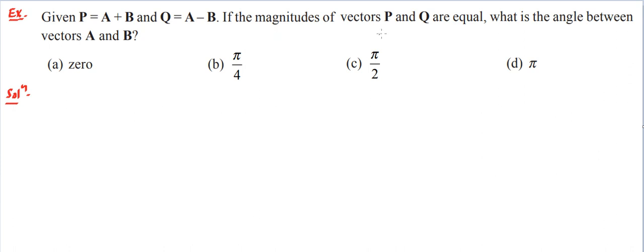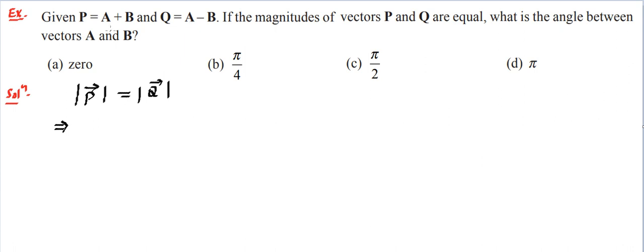So it says the magnitude of p is equal to the magnitude of q. That means it is basically saying p vector mod value is the same as q vector mod value. Now p vector is indicating the addition of two vectors, whereas q vector is indicating subtraction of two vectors.